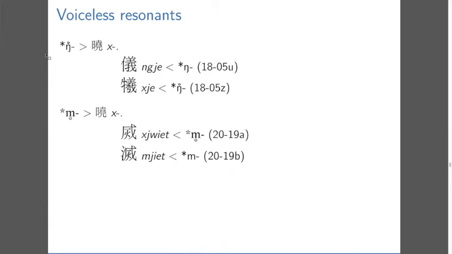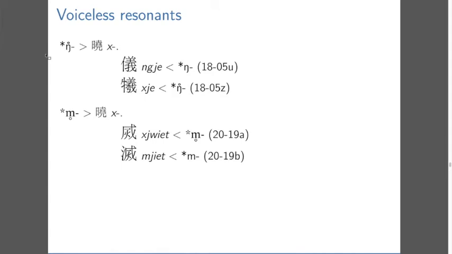So we want to fix it so that in Old Chinese, these are Middle Chinese readings, they would have had homorganic initials. The proposal that I think most people believe is that you had voiceless resonants. So in this case, your voiceless velar nasal changes to a voiceless velar fricative.